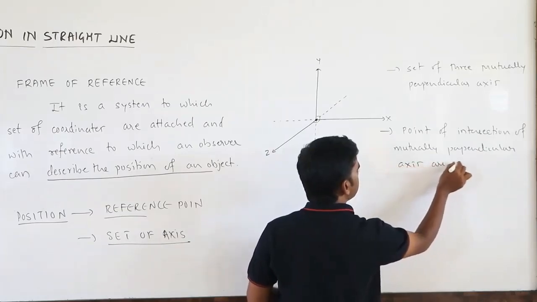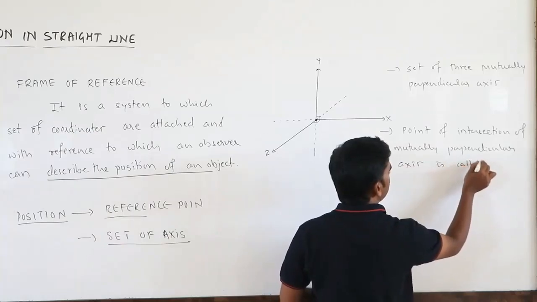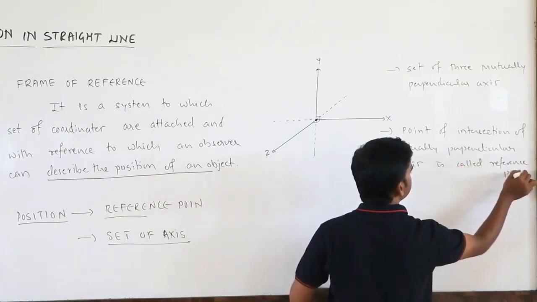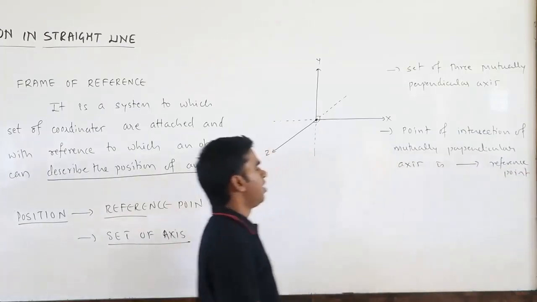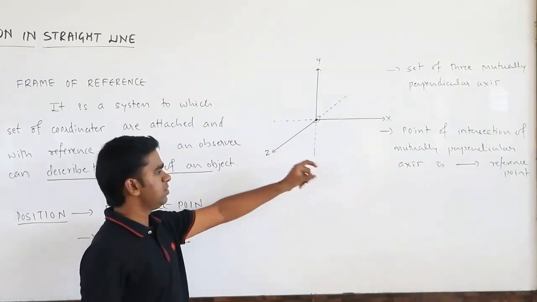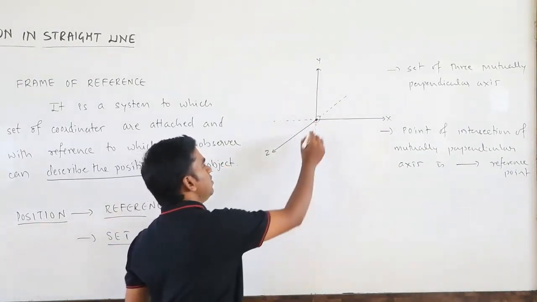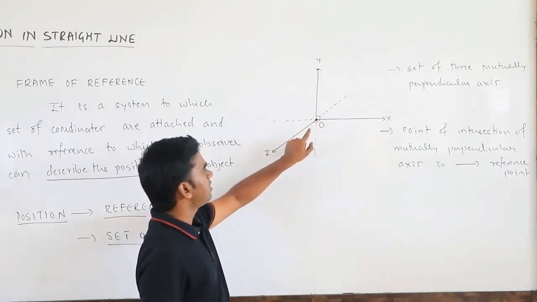The point of intersection of mutually perpendicular axes is called the reference point. This point you can take as O. That is what is going to be considered as the reference point.